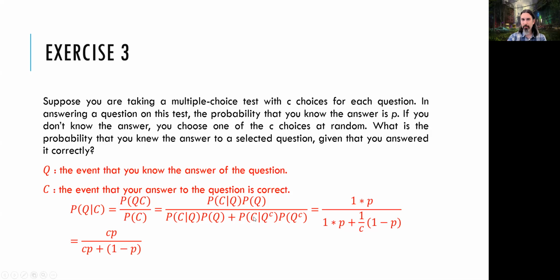This is 1 over C because you're going to pick one of the multiple choices. And then in here, you have 1 minus P because you don't know the answer to that question. When you simplify all these, you get this outcome, C times P over CP plus 1 minus P. Not that hard, not that simple, but it's doable. As long as you know how to apply Bayes' formula, how the transformation happens in there.